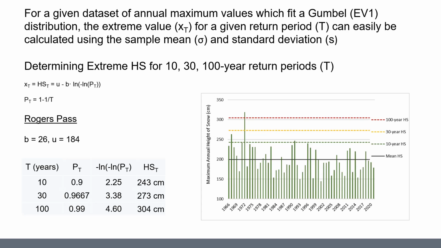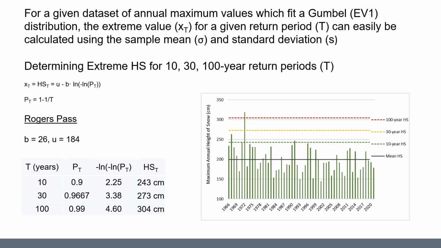Again, these are all statistical estimates, and there's lots of places for error to be introduced, so these should be considered ballpark, and this is really all just for educational purposes. But once you've calculated these numbers, you can plot them back onto your graph. You can see, again, the 1972 bar is well above the 100-year height of snow value, so it creates a good visual.